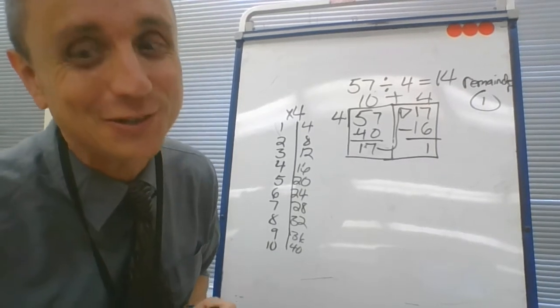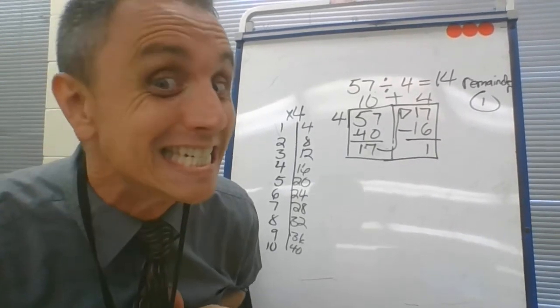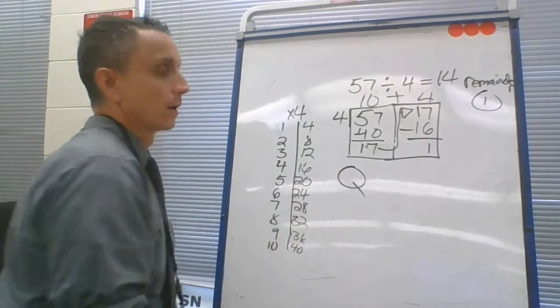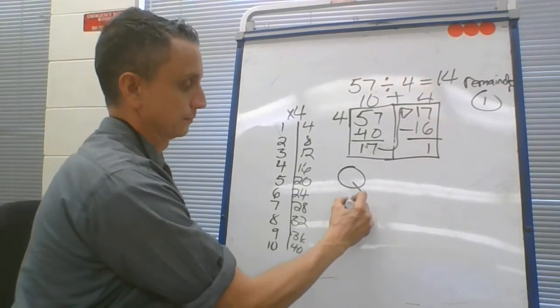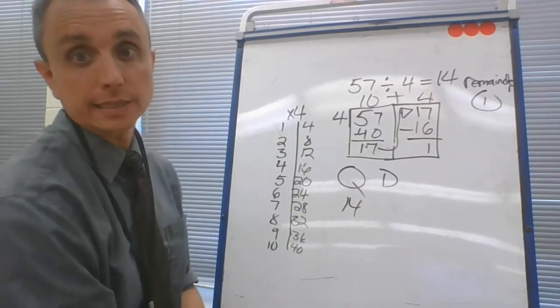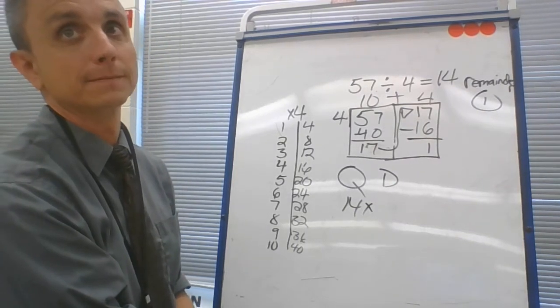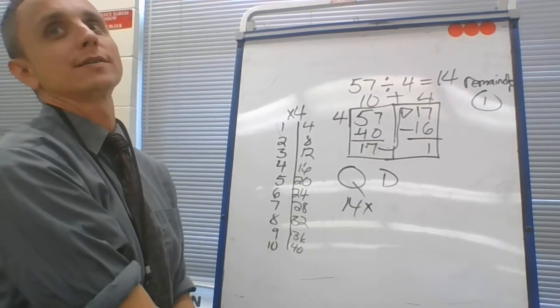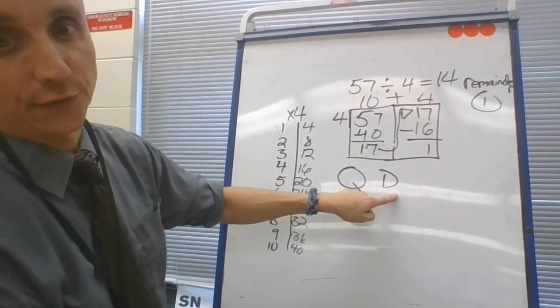And yes, I want you to do this on the practice. Who remembers QDRD? Quotient is 14. D stands for divisor. 14, our divisor is 4.